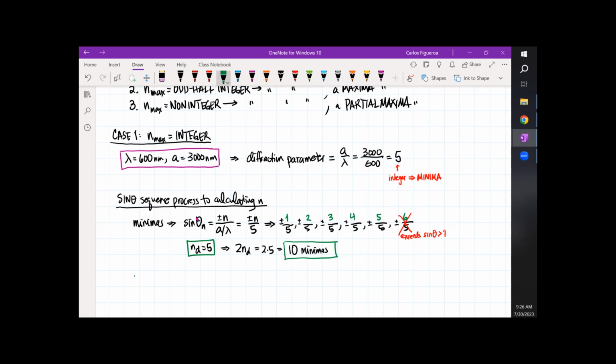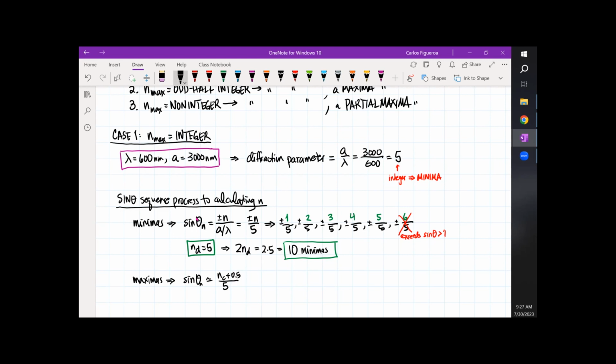Now if I go to the maximas, I do the exact same thing. Note that this is not an exact relationship, so we say it's an approximate. Now, I said 1 here, but it really should be 0.5.